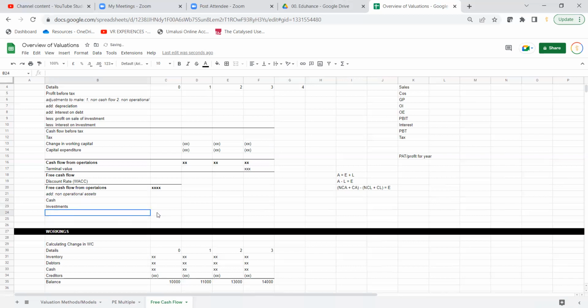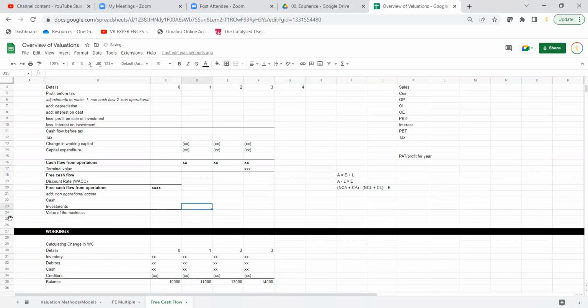Okay, now that we have captured all operations and we have captured the remaining assets, this will give us the value of the business. We don't want the value of the business, we want the value of equity.